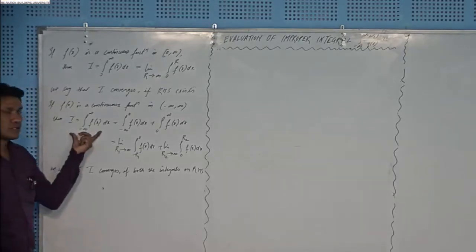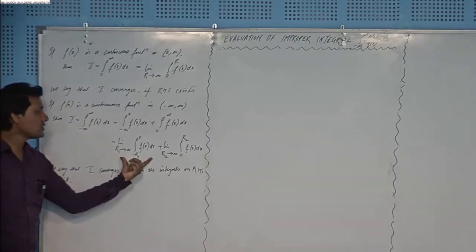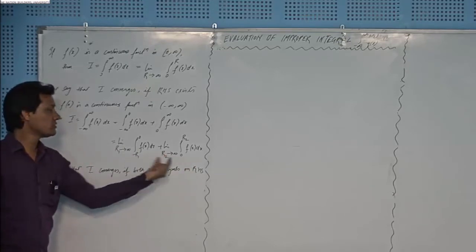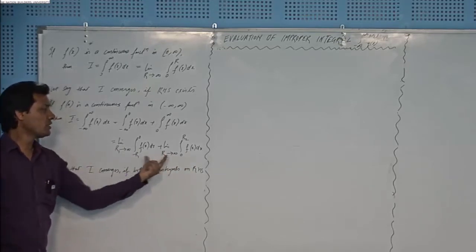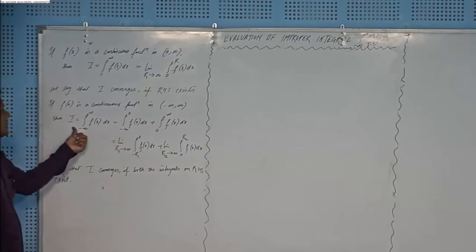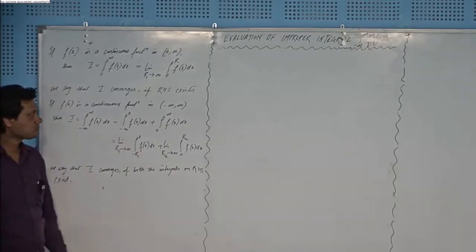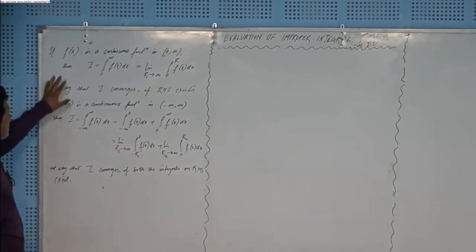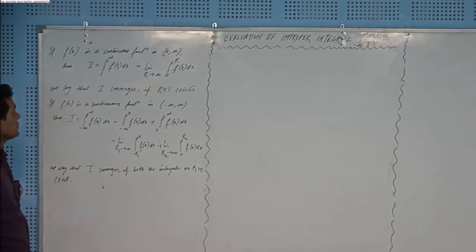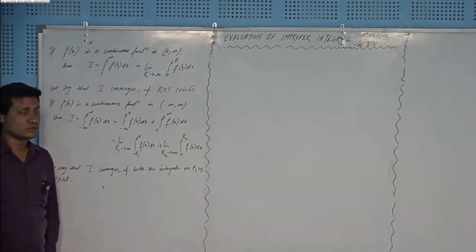Means the convergence of this integral depends on the existence of these two integrals. They should exist finitely so that their sum will exist, and we will say that this integral converges, right? So these are the facts you already know from the theory of real calculus, right?